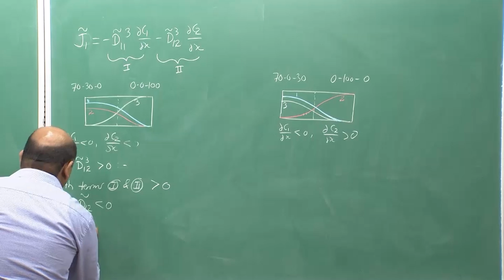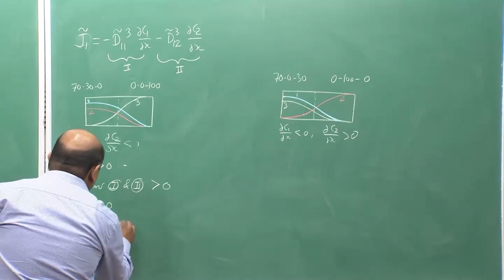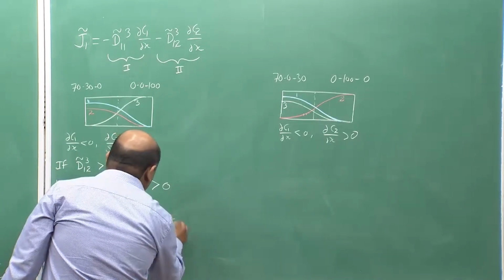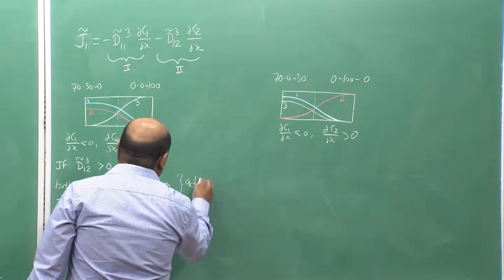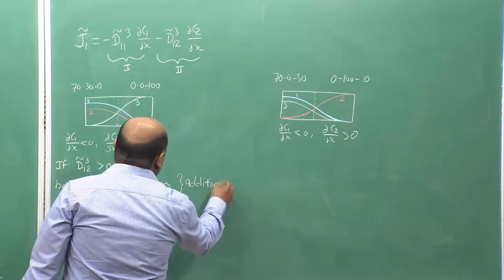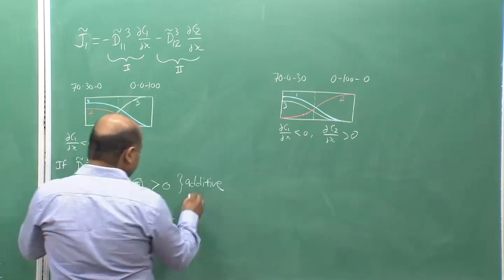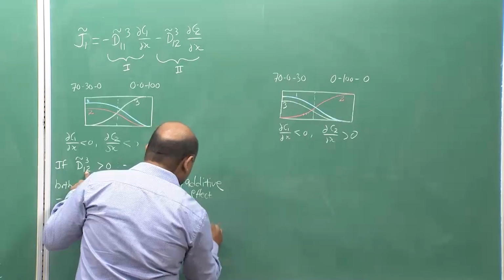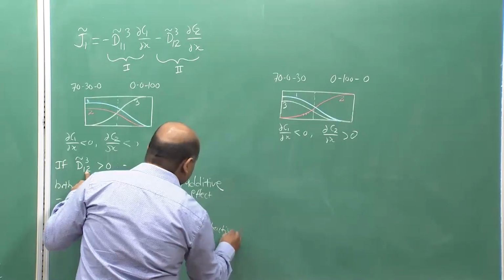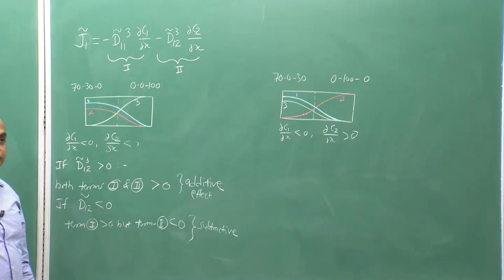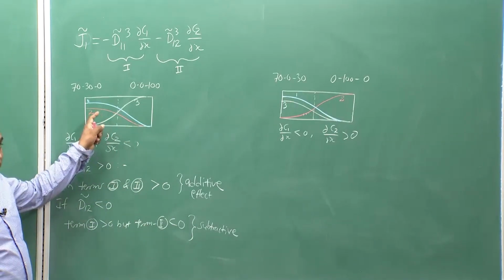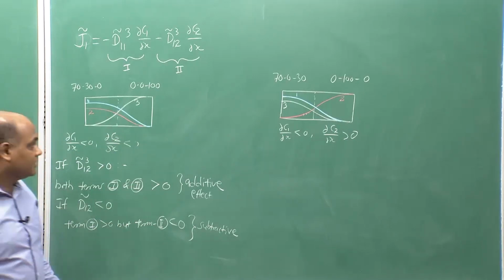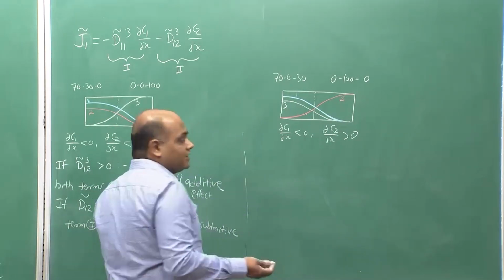So here term 1 is greater than 0, but term 2 is less than 0. This is an additive effect when D12 is positive, and when D12 is negative, a subtractive effect. So we say the diffusion of 1 is reduced down the gradient of 2 if D12 is negative. Now in this case we will have the reverse scenario.